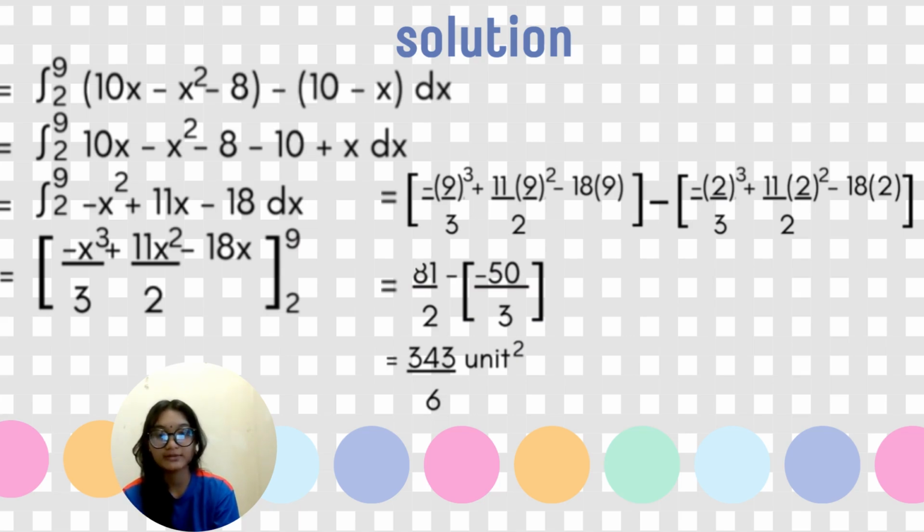So we put the top function minus the bottom function. When we integrate it, we get negative x cubed divided by 3 plus 11x squared divided by 2 minus 18x. When we substitute 9 for x and minus the substitution of 2 for x, we will get 343 over 6 unit squared.